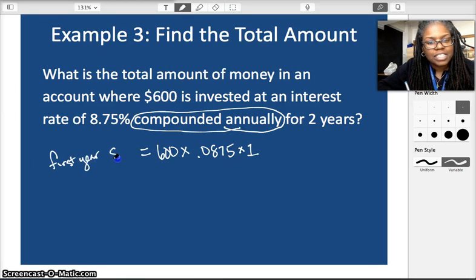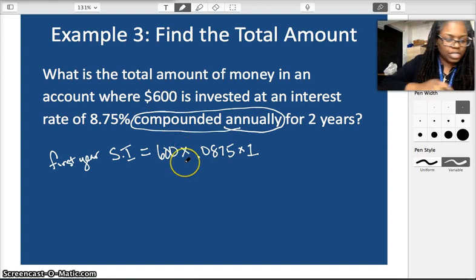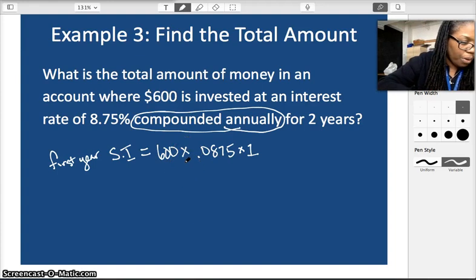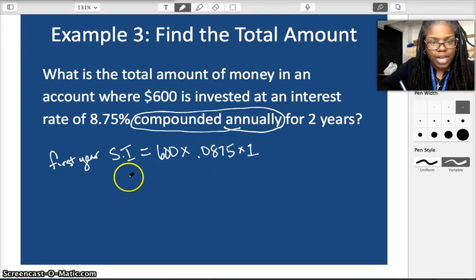I'm going to do the simple interest for the first year, and let's see what we get. So 600 times 0.0875 is going to give us $52.50.